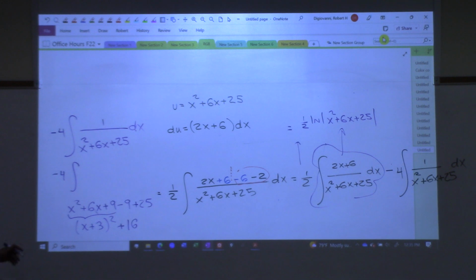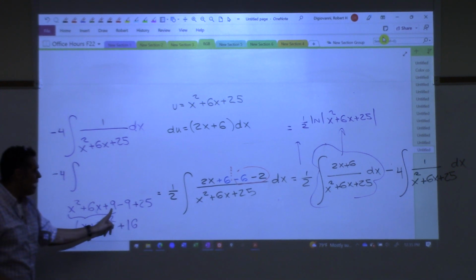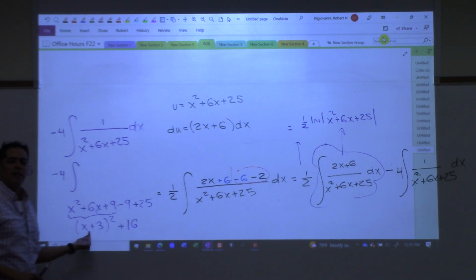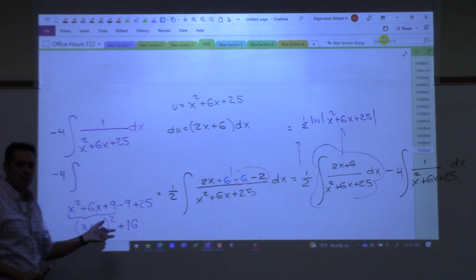What I said is, when you go to factor, and that is a tip that is always true, if we go to do this with the 25 here, whatever number is here, that's the b. You first divide it by 2. I call that the first magic number, okay? And then you square it, and that's 9, and that's your second magic number. So what you do now is you add and subtract your second magic number, and then this will guarantee to be this, and then this will always be your first magic number, and then that thing squared. So that is correct.